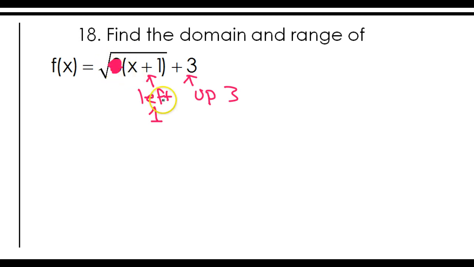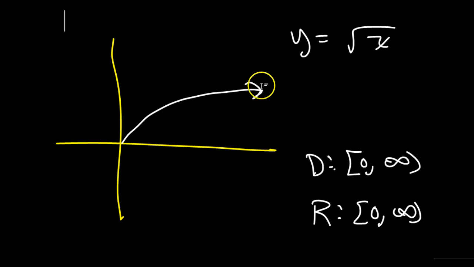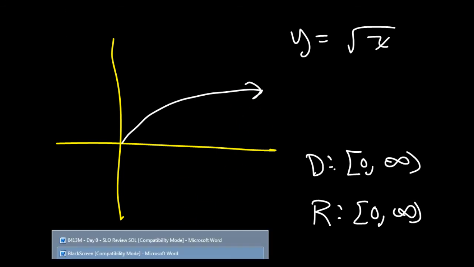So just pay attention to the left and the up part. Because when you're talking about a graph that goes forever, a horizontal compression and a vertical compression are really hard to see, and it doesn't affect the domain and range.